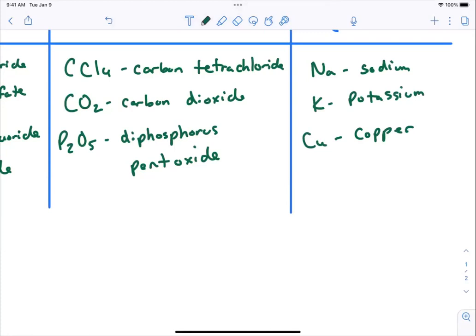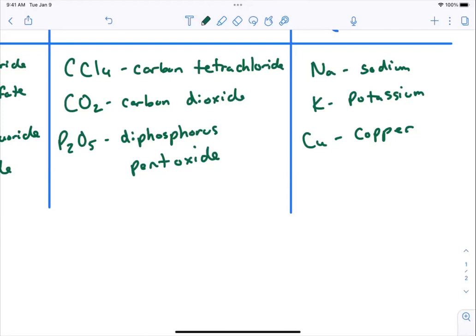I think some people mix up copper and cobalt because they both start with CO, but copper is Cu, cobalt is Co. Or they'll mix up potassium with phosphorus or sodium with sulfur because they both start with the same letter. But most of these names are based on Latin derivatives, and that's why iron's Fe, because ferrous is iron in Latin. Copper is cuprous in Latin. That's why it's Cu versus Co. Okay. So make sure you know the symbols, and they're listed in the periodic table as well.